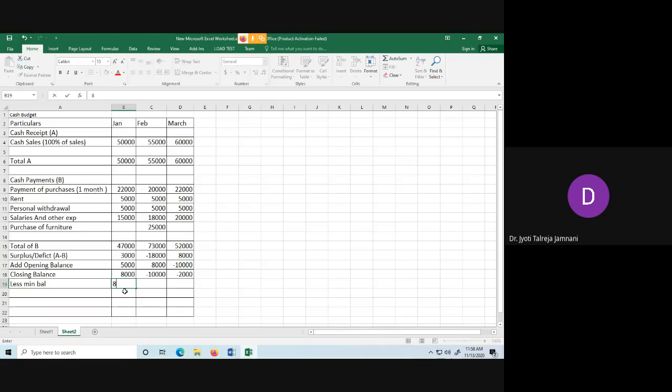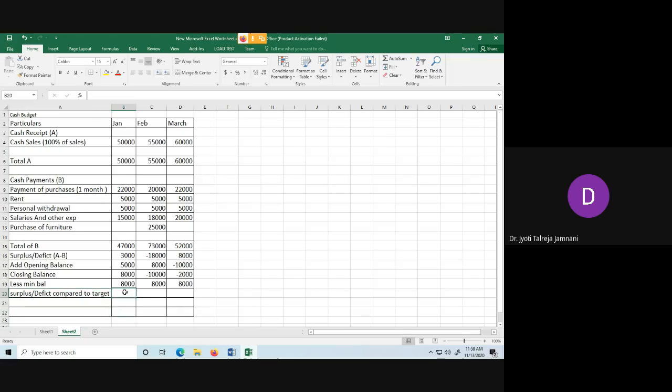You can write they required 8,000 as target. Now we have to see what is the surplus or deficit in relation to the target. So surplus or deficit compared to target.